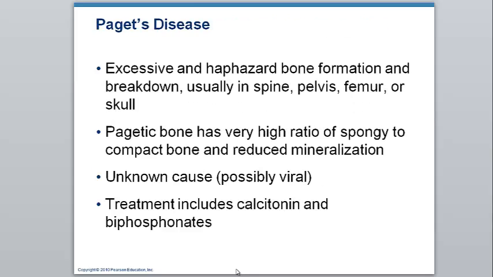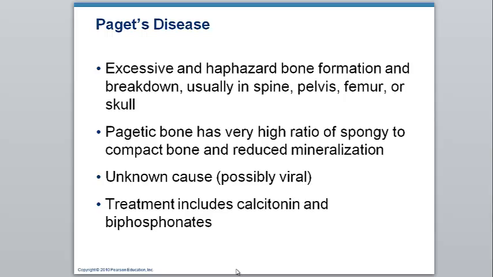The next type of homeostatic imbalance is Paget's disease, where excessive haphazard bone formation, more of spongy bone formation rather than compact bone formation, happens in these areas. So the spongy to compact ratio is different. This is not good for us because spongy bone does not carry weight.